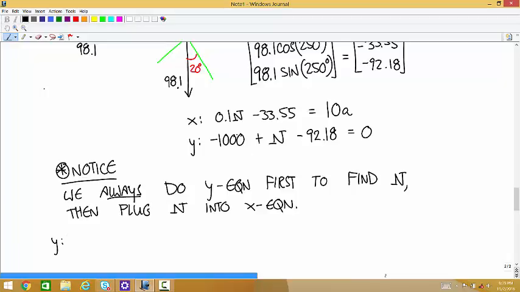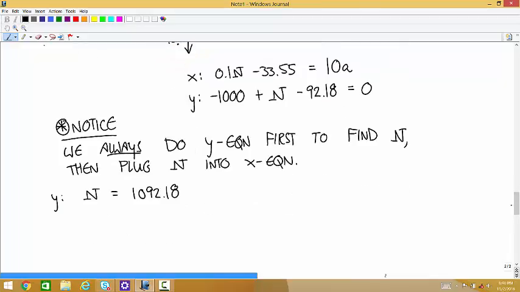So the y equation says N is equal to positive 1,092.18. Oh, that's a really big force. No wonder. In my one on here, it was 100 newtons.